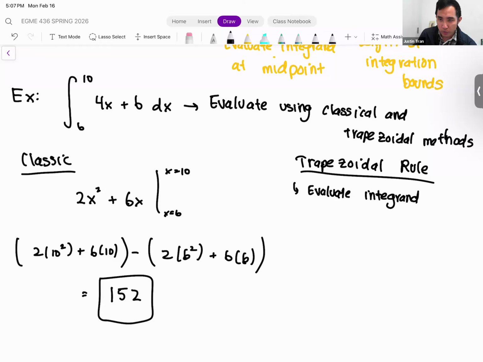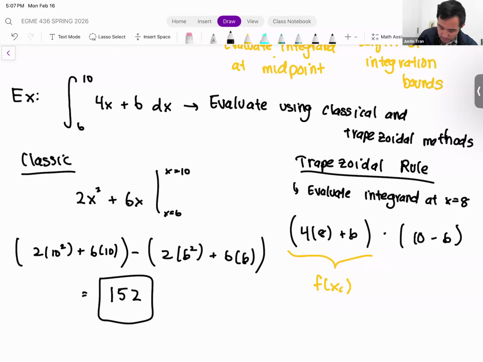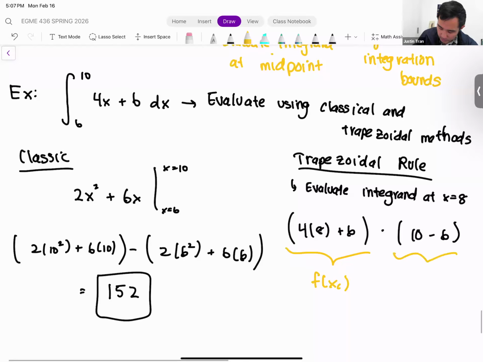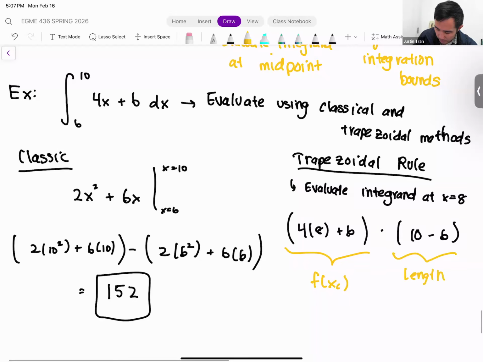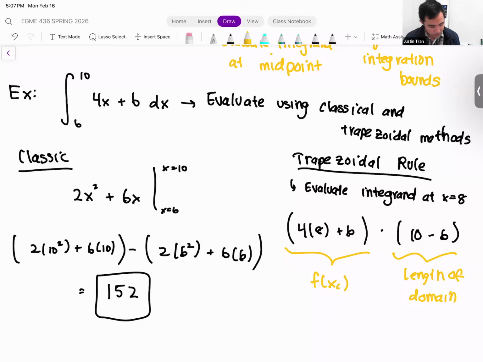If our integration bounds go from 6 to 10, then the midpoint is 8. So we get 4 times 8 plus 6. This right here is f at xc. Then we multiply this by the length of our domain, 10 minus 6. This right here is the length of the domain.